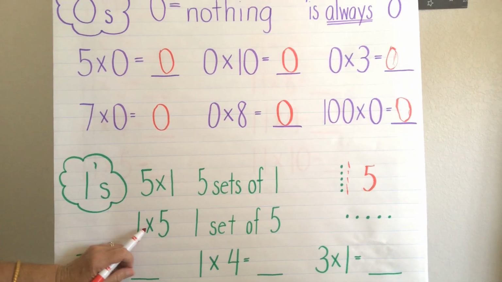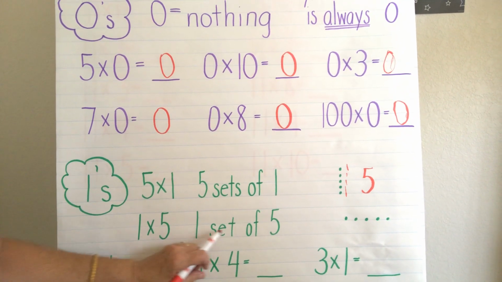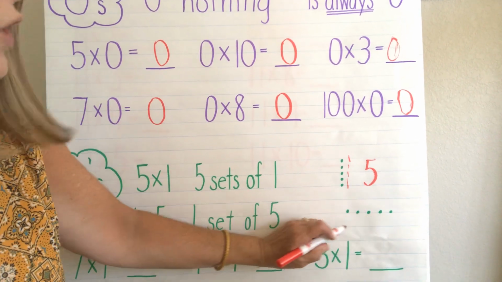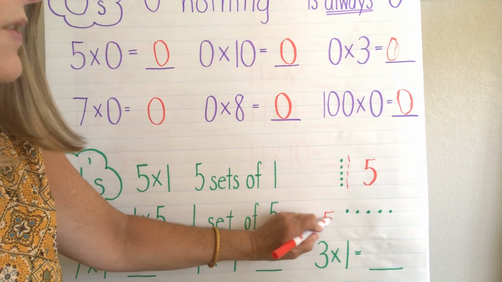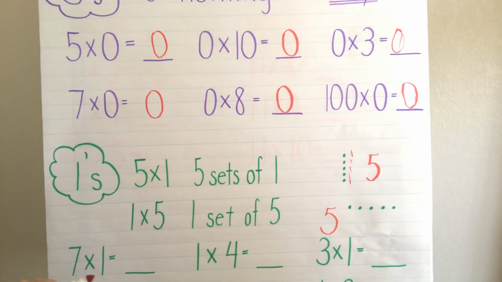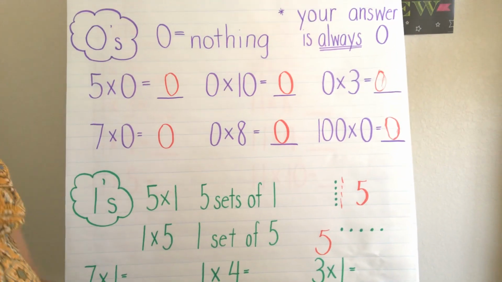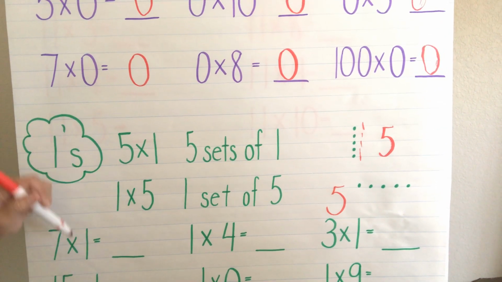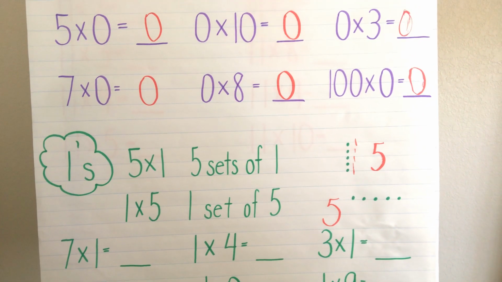If I've got one set of 5, it's just 5. So when you're multiplying a number by 1, your answer is always going to be the other number.